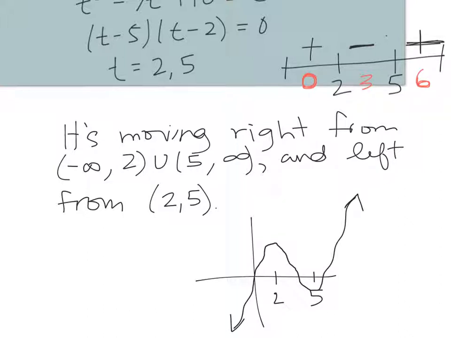I know that because it's increasing less than 2, decreasing between, and increasing again afterwards. So I know that's what my position looks like. I know that the local max happens at 2, and the local minimum happens at 5. I can see that from this information. So it gives you a lot of important information.